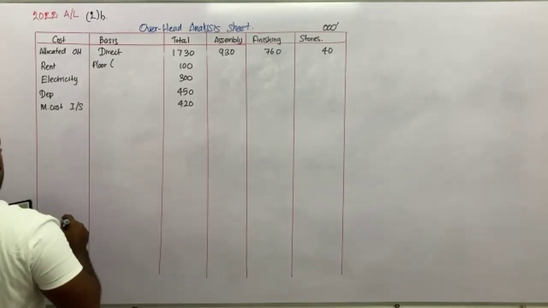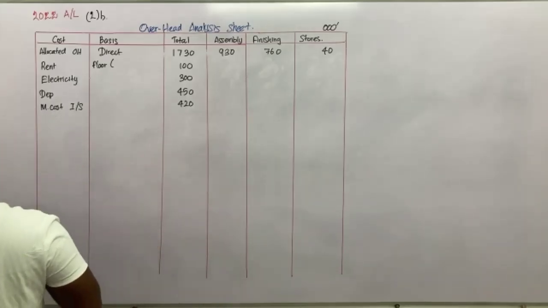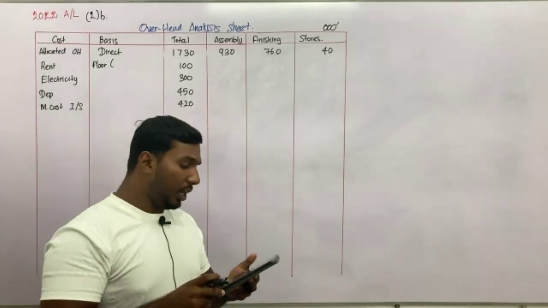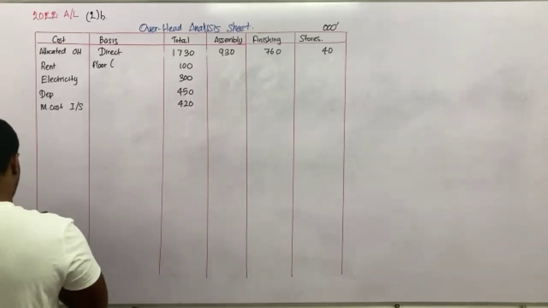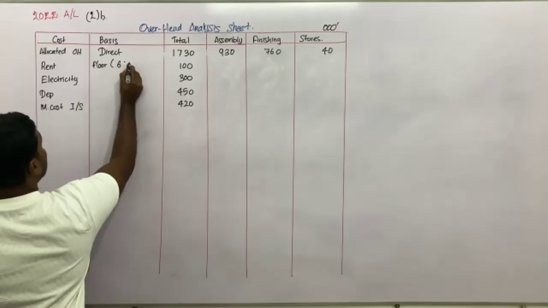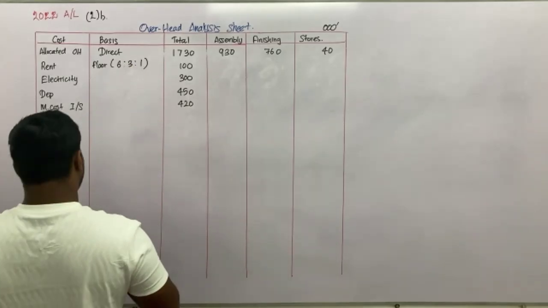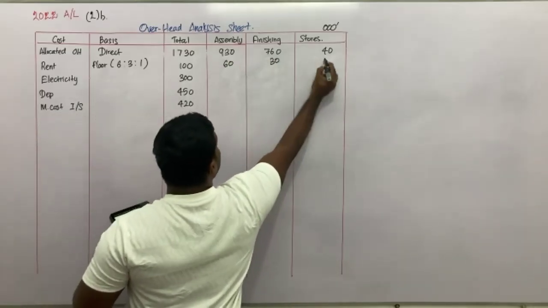The ratio is 1500 to 750 to 250, which means you can divide the 1500, the 750 and the 250 by 250. So you get 6 to 3 to 1, so 60, 30, 10.